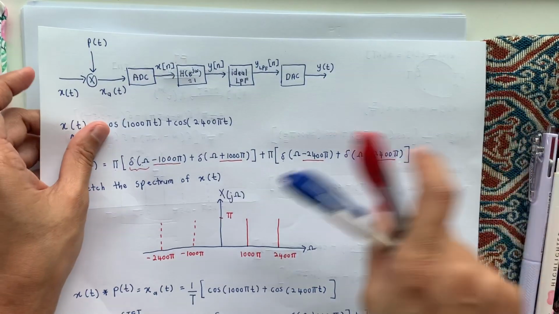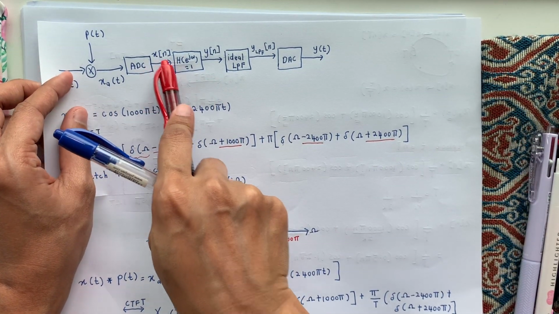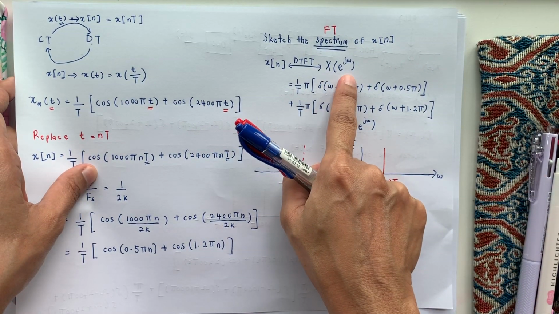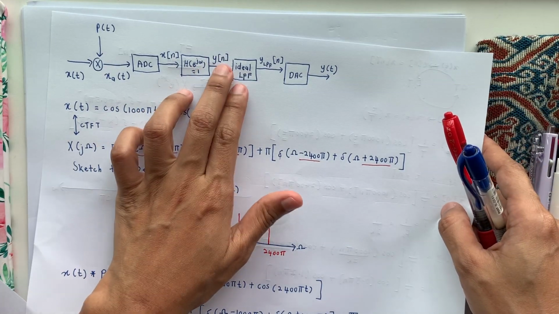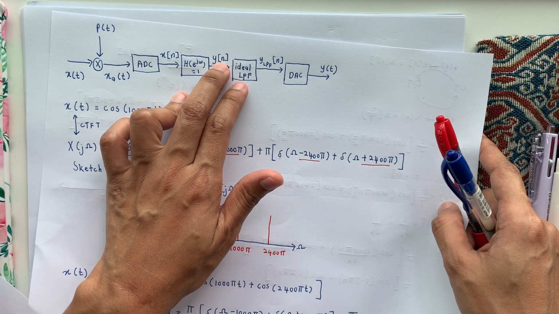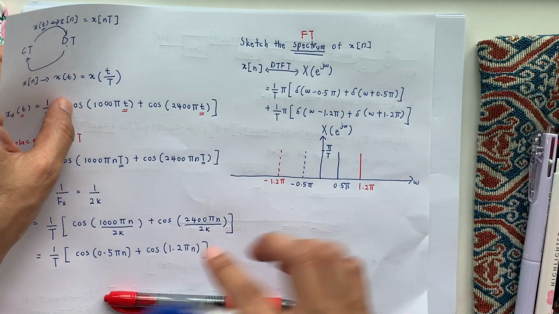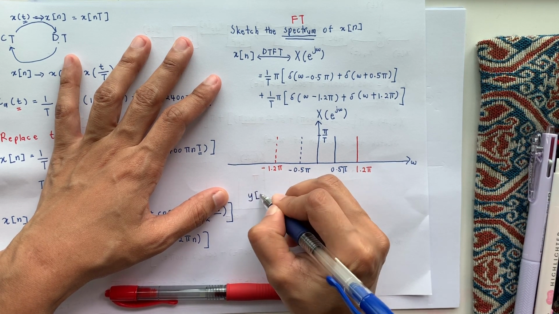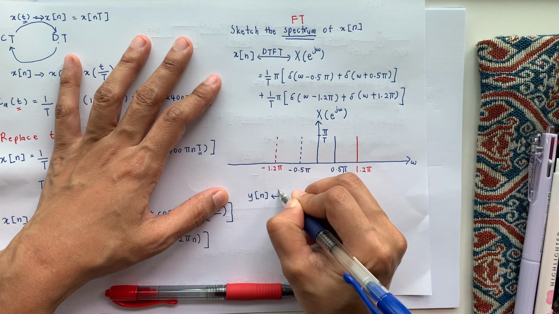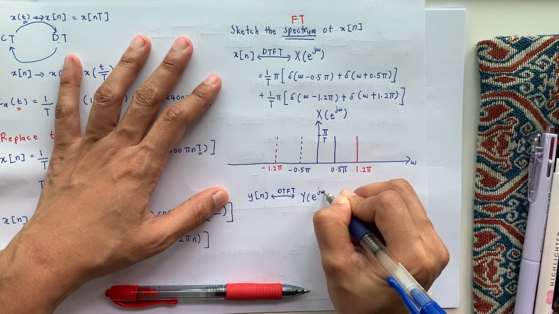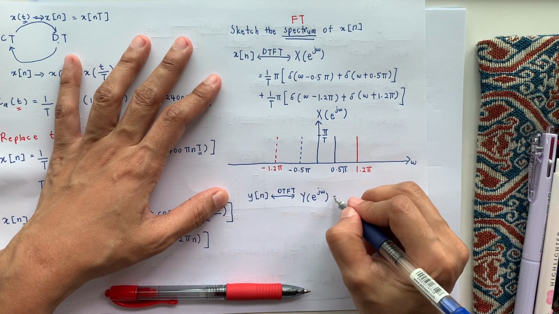Okay, refer back to our question. We have x[n] and then it goes to H(e^jω). So you have X(e^jω), you have H, and then you have y[n], which is a discrete time signal. The DTFT of y[n] is Y(e^jω). So how to find Y(e^jω)?